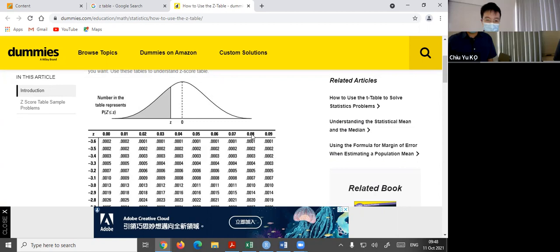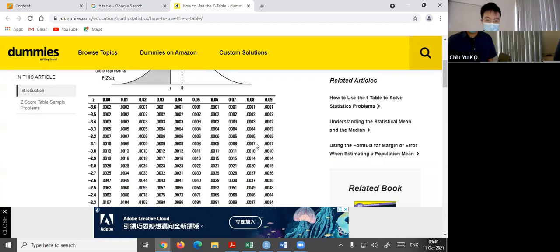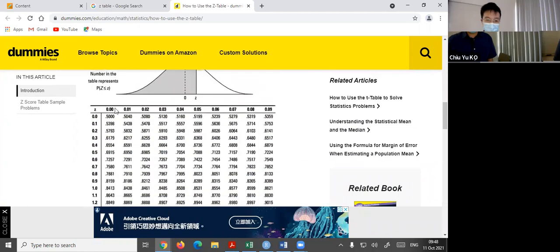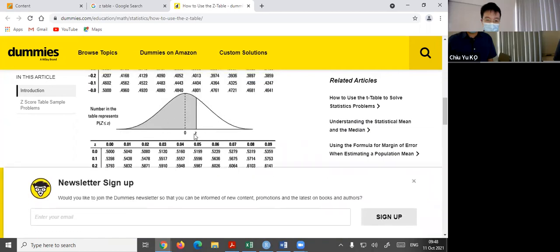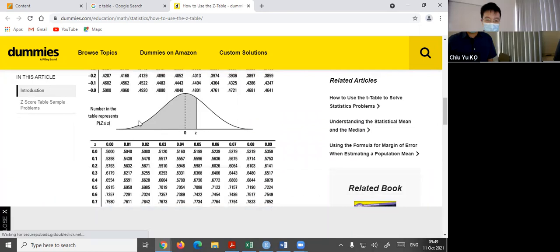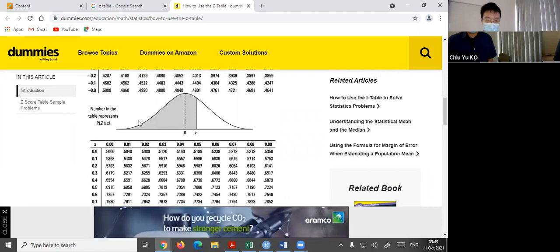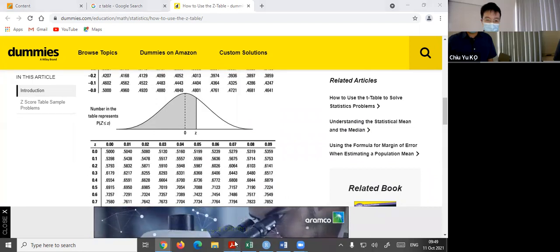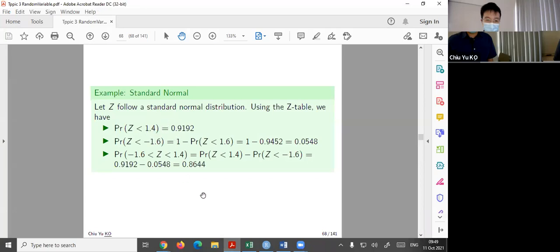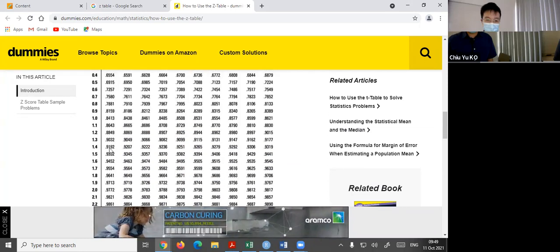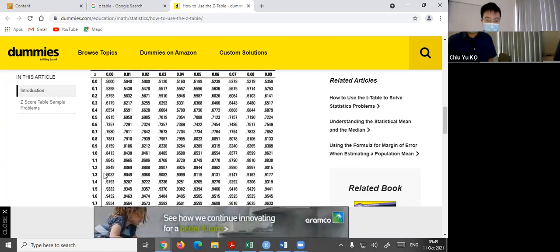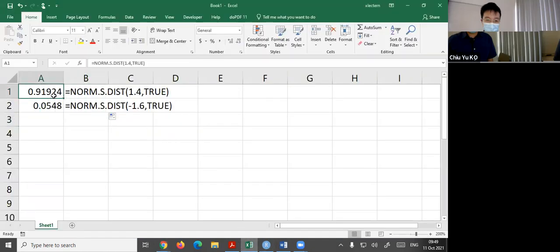This one gives the positive values, so I may give you either one. It is just NORM.S.DIST in table form. For example, 1.4: we go to 1.4 in the rows, with column 0.00, so 1.40 gives 0.9192. That is what this number is.